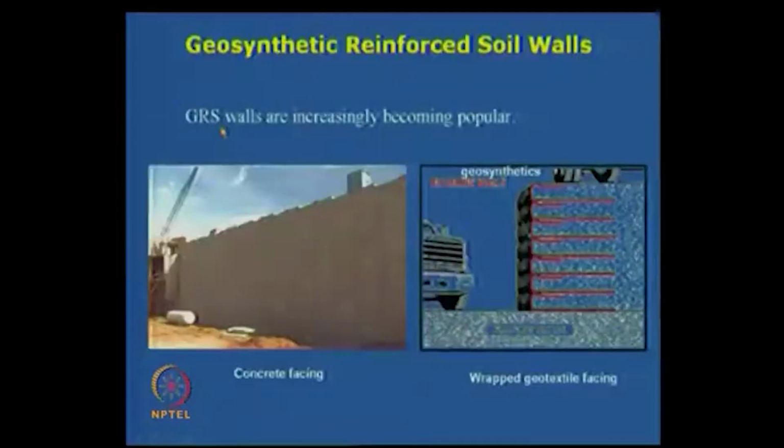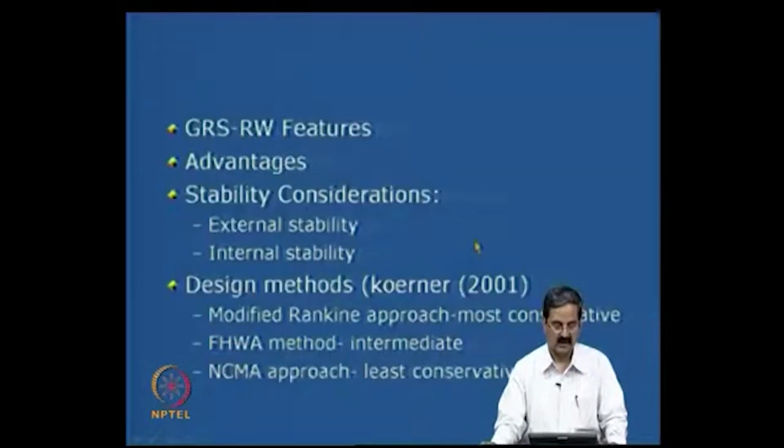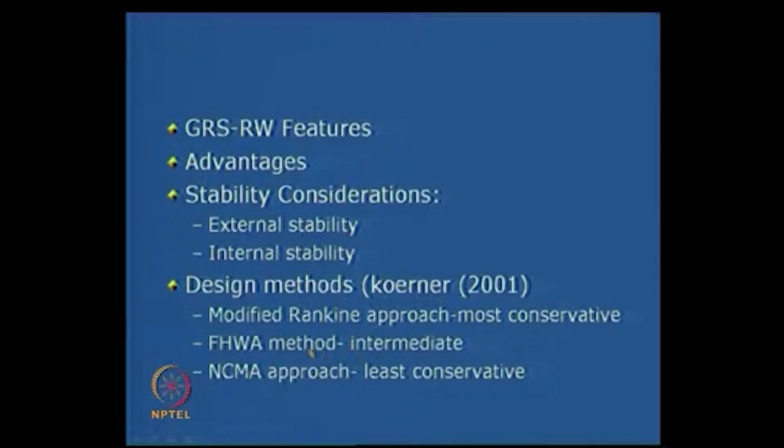This is a typical case of a GRS wall constructed with a face like precast concrete facing, and one can also have a wrapped geotextile. There are many types of facings possible. So, there are a number of design methods. As I said, GRS walls have been very useful and very cost effective, so design approaches have been developed, and essentially there are two design methods that we follow.